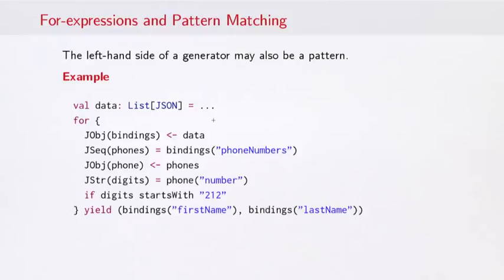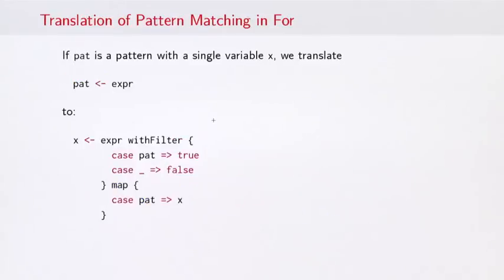Patterns in generators act as implicit filters. Essentially what happens when you have a generator like this is that the match with JObject bindings gets added as an implicit filter to the data. We'll see how in the translation scheme. So we look at a generator pat left arrow expression where pat is a pattern. For simplicity's sake, we assume it has only a single variable x in the pattern.